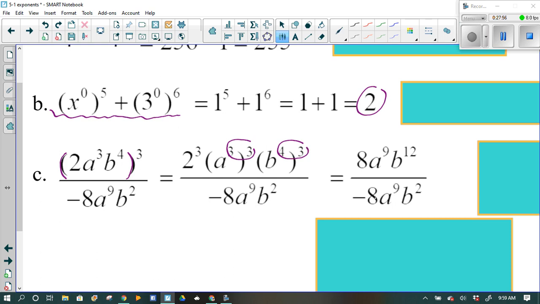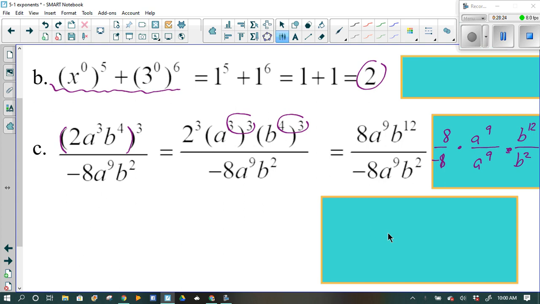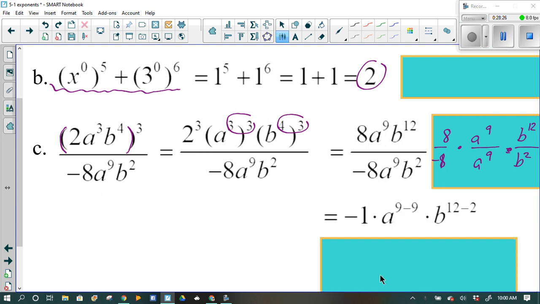Now I look at this and break it into pieces like we did a second ago. You have 8 over negative 8, and then a to the 9 over a to the 9, times b to the 12 over b to the 2. So 8 divided by negative 8 is negative 1.